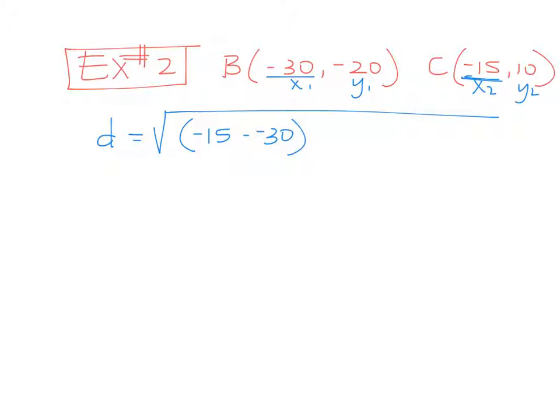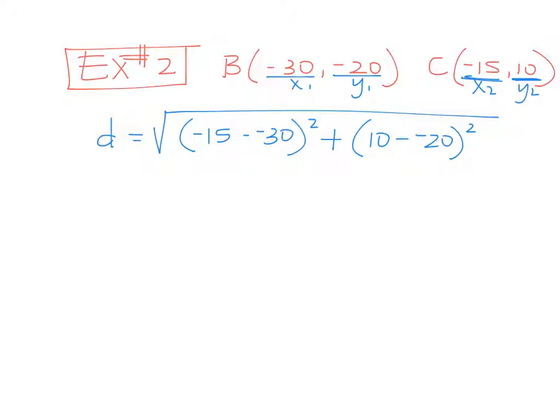What do you do to that? Square it. Then what? Plus. Then what? 10, your y2. Then minus a negative 20. What else? Square it.